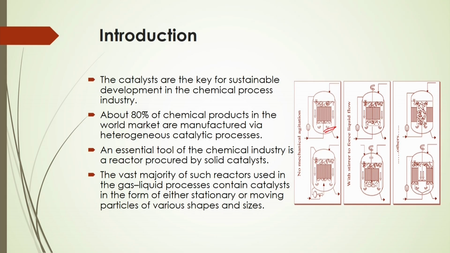We will discuss later in detail more about this type of reactor, how different flow patterns are formed, what the different hydrodynamics are, and based on that hydrodynamics how the chemical reaction is carried out and how it is intensified compared to the conventional reactor.